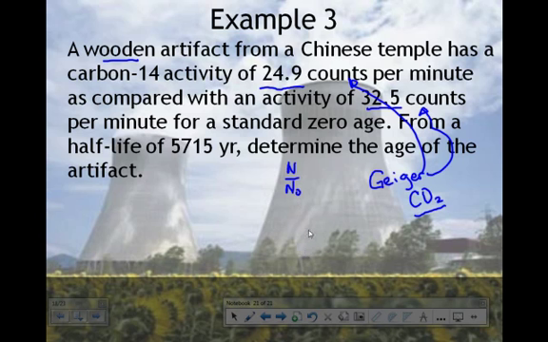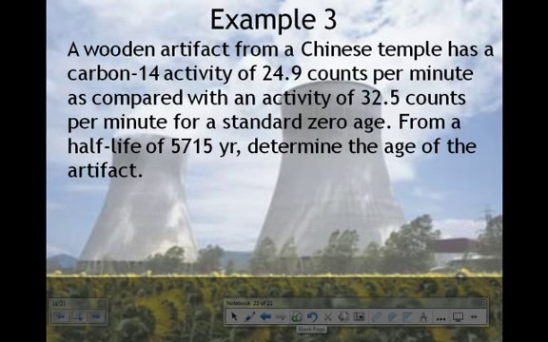So we're still going to use that as our N number for comparison's sake. So what do we know about this? We know that we have these number of counts, so we'll call the N now 24.9. And the N that we start at, N sub 0, would be 32.5.